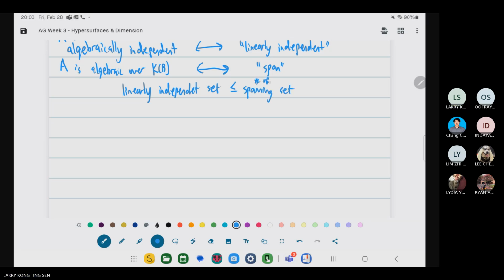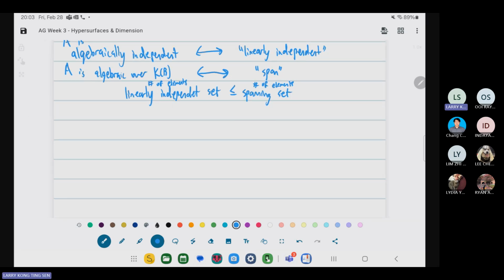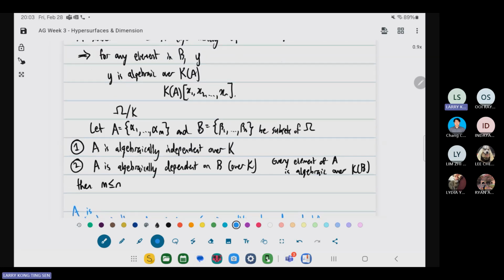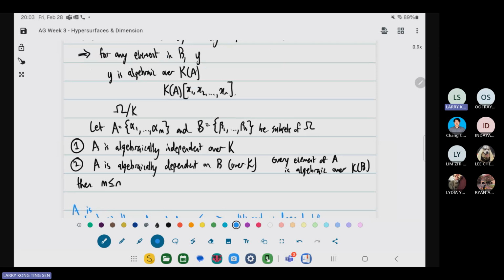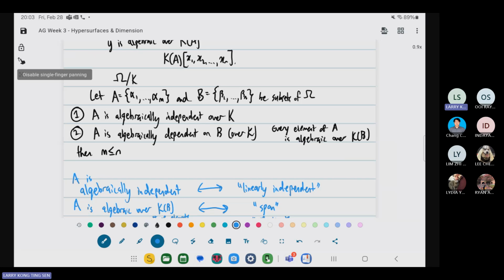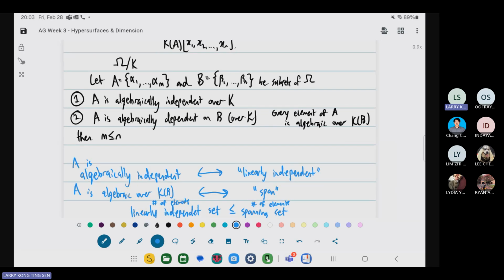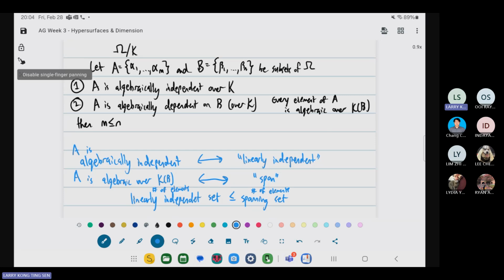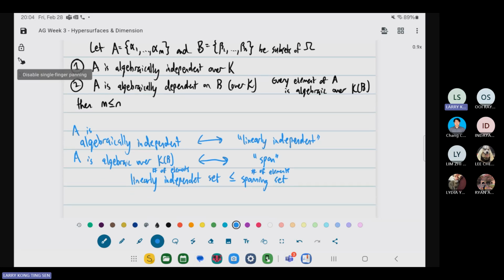So we also have a similar result here: if you have two subsets of a field, one is algebraically independent over K in its own right, and one is algebraic over the field KB, then similarly the number of elements in A is less than or equal to the number of elements in B.